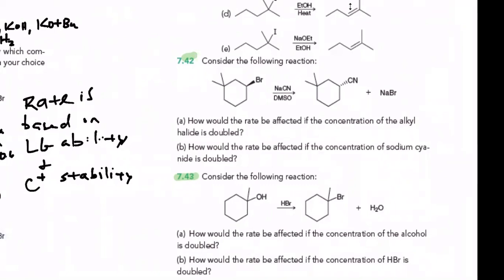So what do you think? If you look at all the conditions we just talked about, the substrate, which is secondary, the solvent DMSO is polar aprotic, and then look at the product. The stereochemistry is inverted. What do you think?